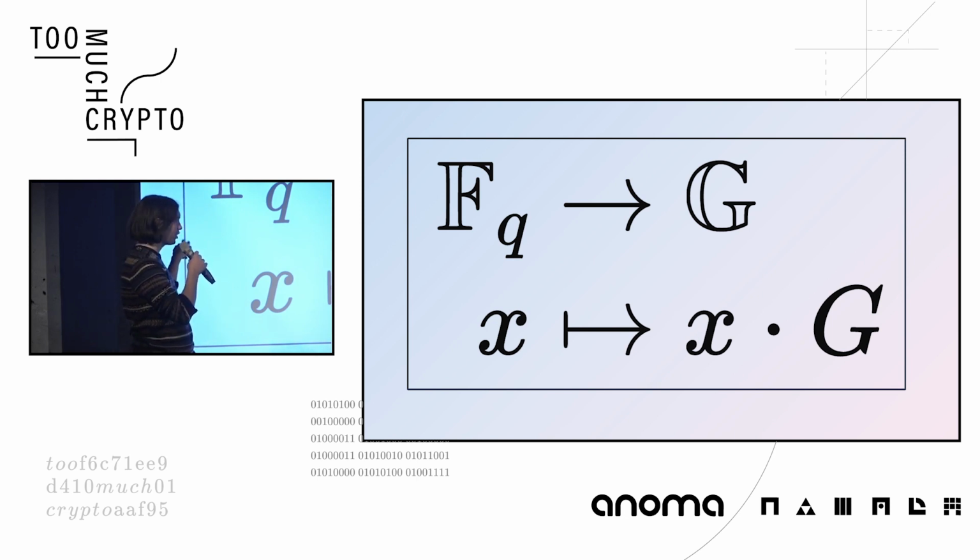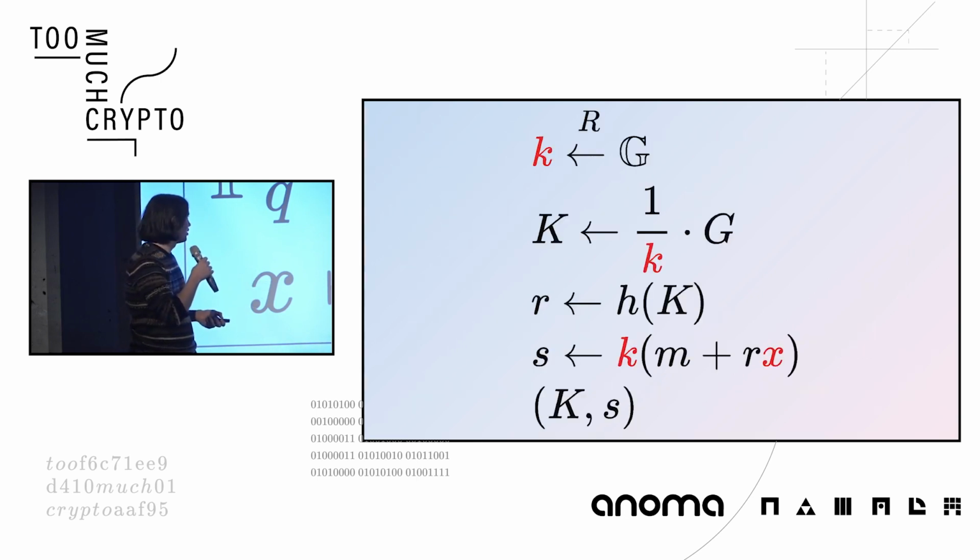And you have this special map, which sends a field element, a scalar, into a point. And if you add two scalars together, this map preserves that. So x times g plus y times g is (x plus y) times g. That's all you need to know.